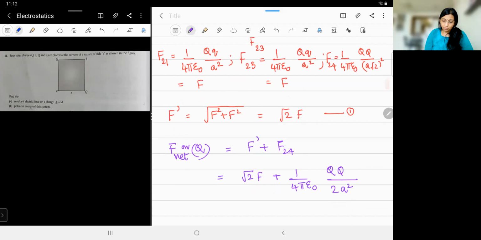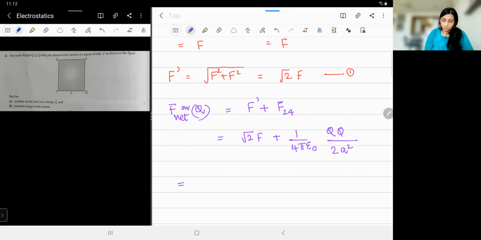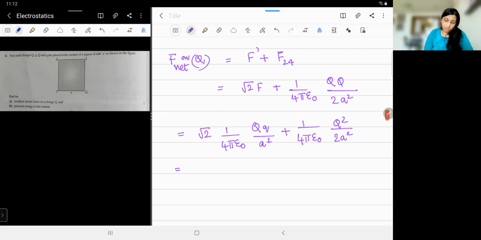So let us substitute the value of F, that is root 2 times 1 by 4 pi epsilon naught Q divided by A square, plus 1 by 4 pi epsilon naught Q square by 2 A square. Let us take the common things out. So F net is equal to 1 by 4 pi epsilon naught, which is common, and one of the Q and also A square is common.